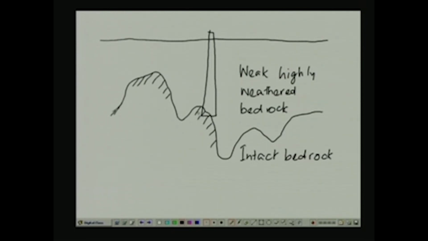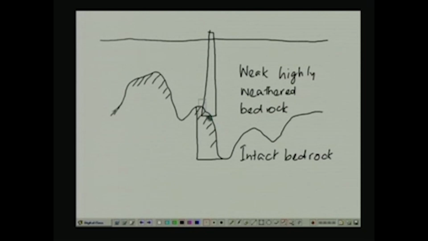And what we need to do, if we do not want to laterally shift the location of the bridge foundation, is excavate the bedrock to a level like this, and place the pier.